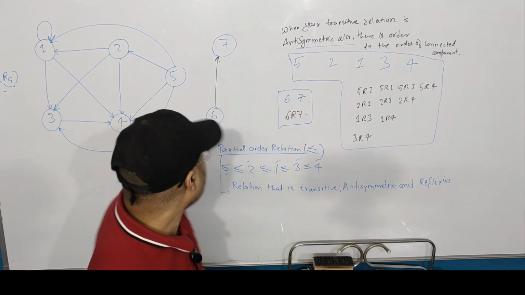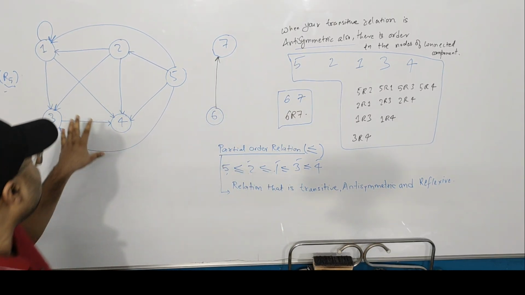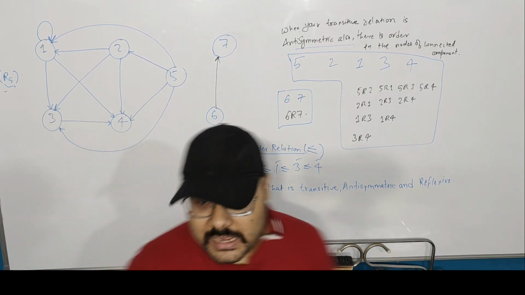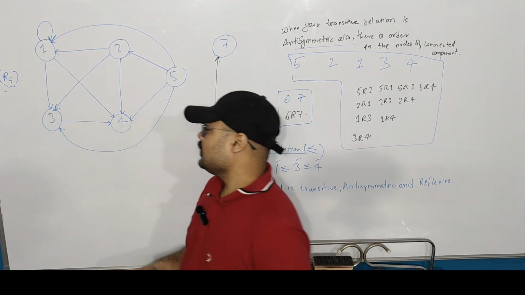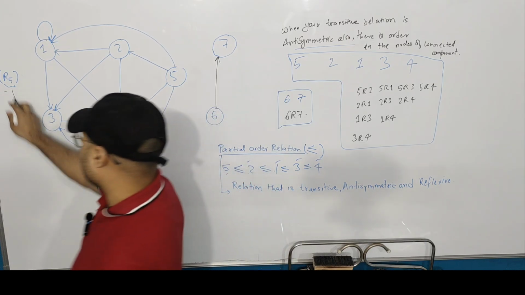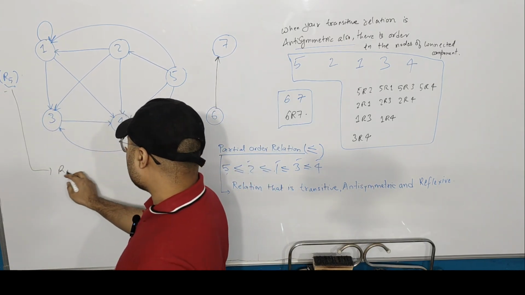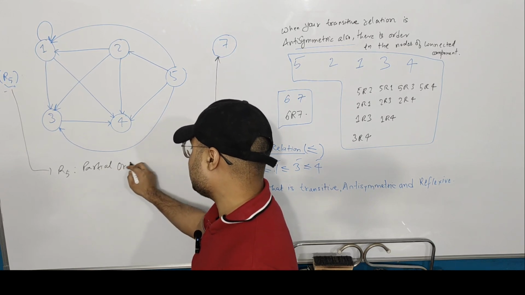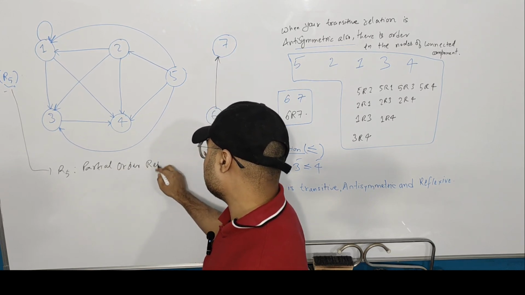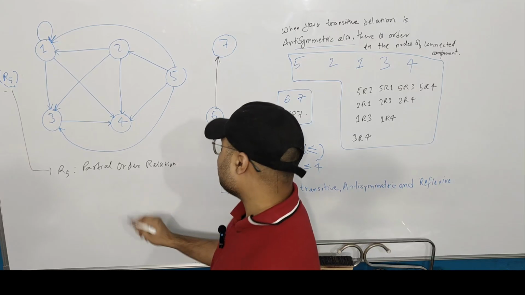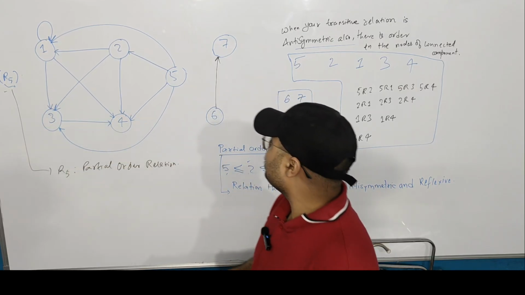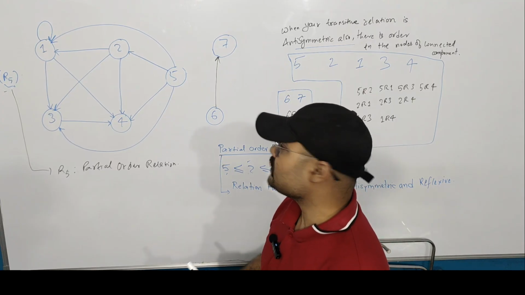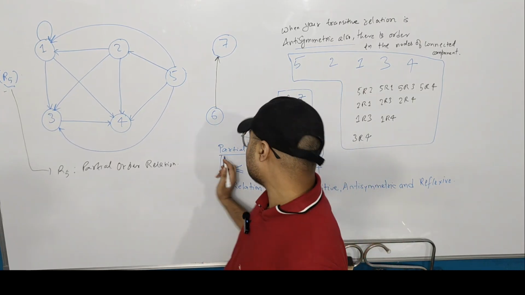So if I have to draw the Hasse diagram of, let's say, this R5, if this R5 is a partial order relation, then the graph of this relation is all okay, but you have to add another set of edges for the reflexive part.